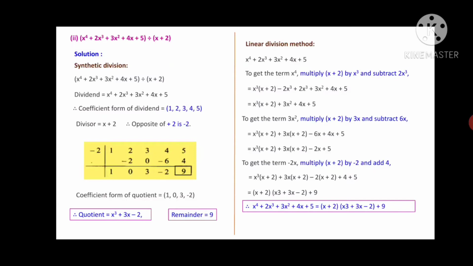And here the quotient is x cube plus 3x minus 2 and the remainder is 9. So friends, this is the second problem.